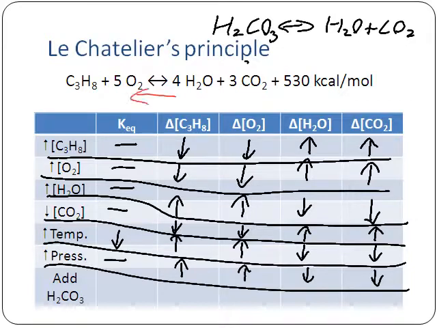And so this reaction is going to move to the left to lower those. If the reaction moves to the left, that basically means that the concentration of C3H8 will go up, the concentration of O2 will go up, the concentration of H2O and CO2 in response are both going to go down, and since I did not change the temperature, KEQ is not going to change.